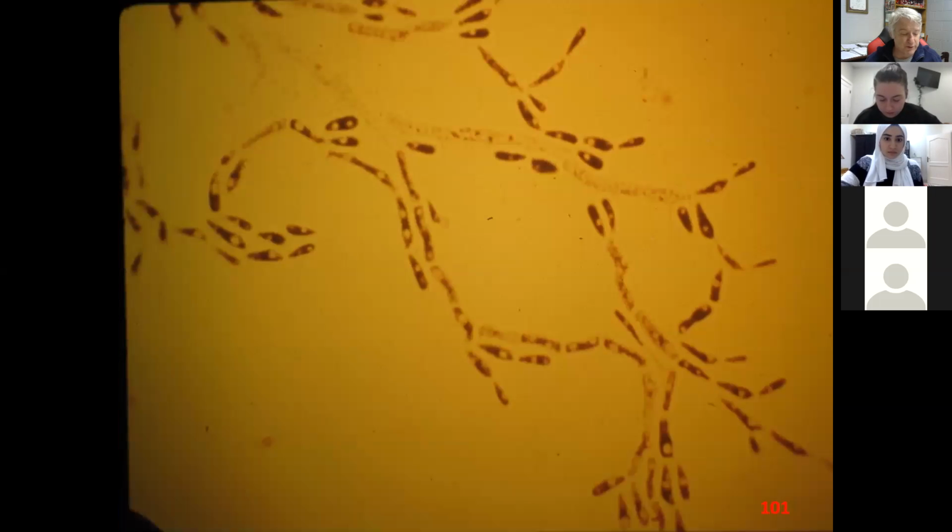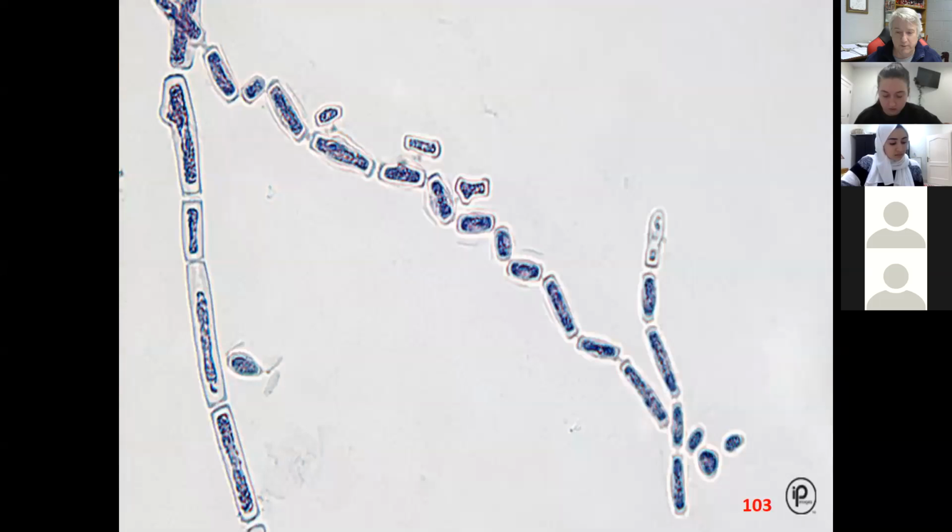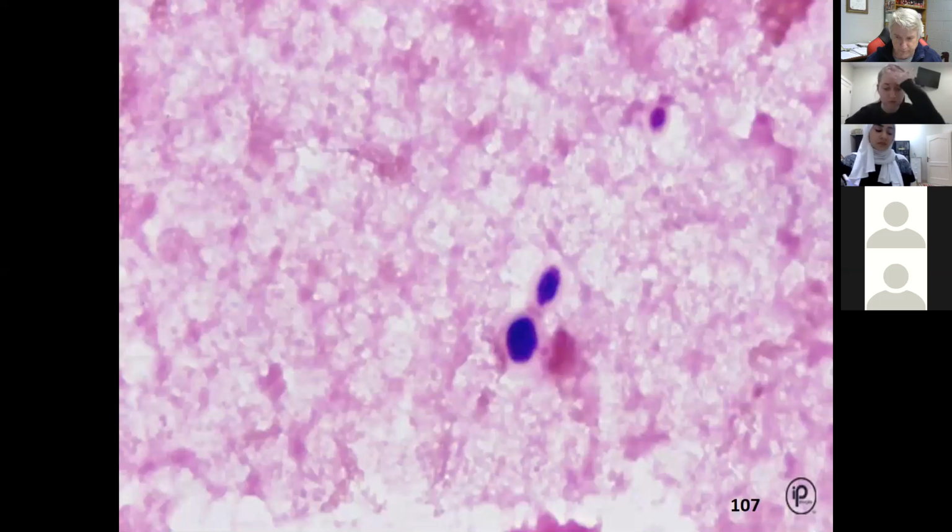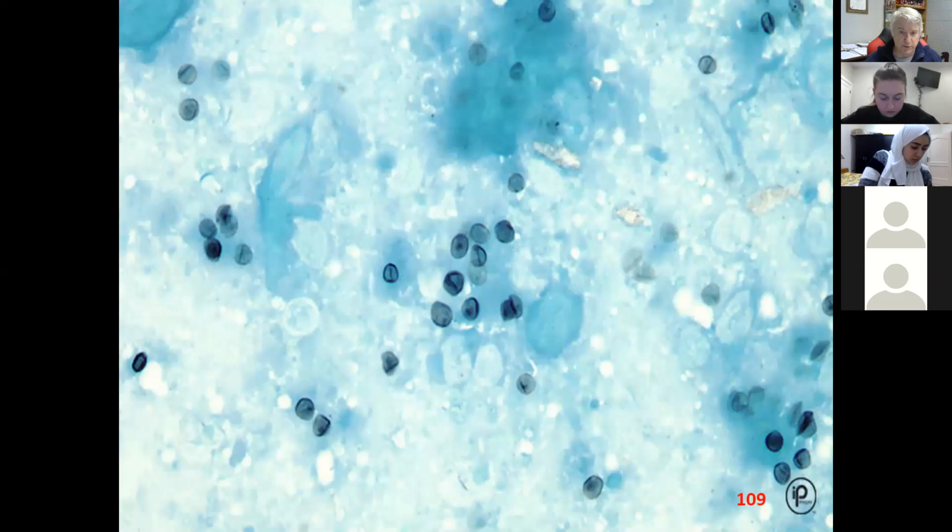101 is Trichosporon species. 103, Geotrichum species. The 107 is Cryptococcus neoformans. Had that one today. That's from spinal fluid. And our last one is 109, which is our Pneumocystis.